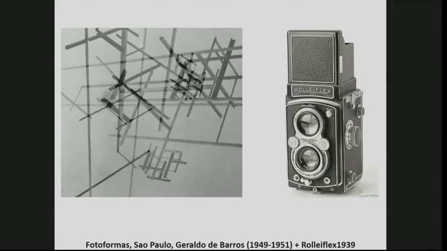But he quickly started to do experiments with abstract photography. Using this Rolleiflex camera, he was able to take several exposures at the same time, trying to gain abstraction through the photographic device.